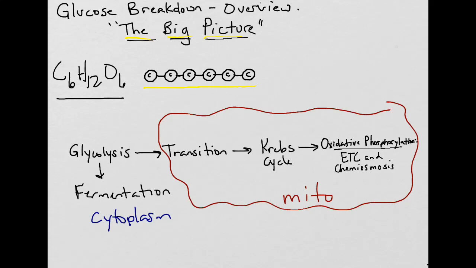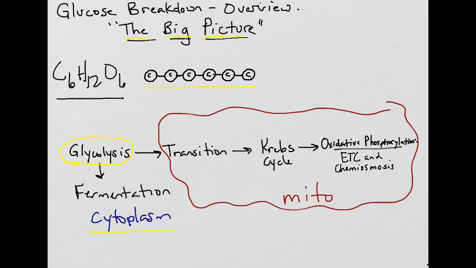Okay. So the first thing that's going to happen to glucose is it is going to go through glycolysis, and that occurs in the cytoplasm of the cell. First thing is glycolysis. Okay, and from glycolysis, we will have a breakdown product. We'll look at this on the next slide here.